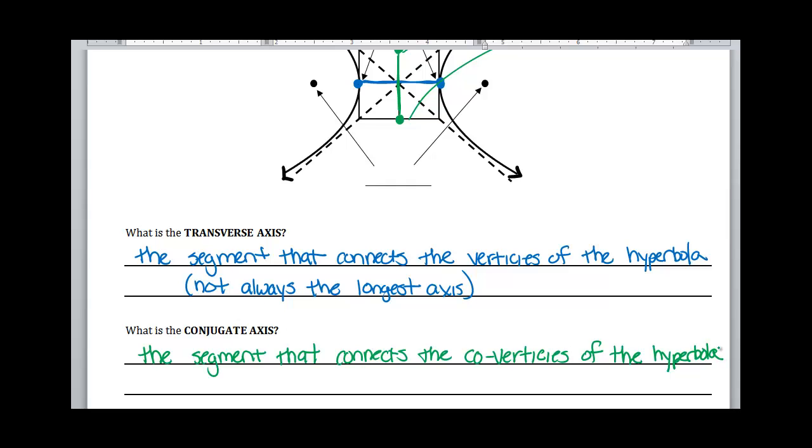Again, the conjugate axis does not have to be the shortest axis.